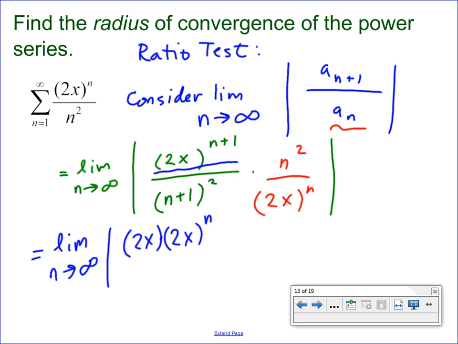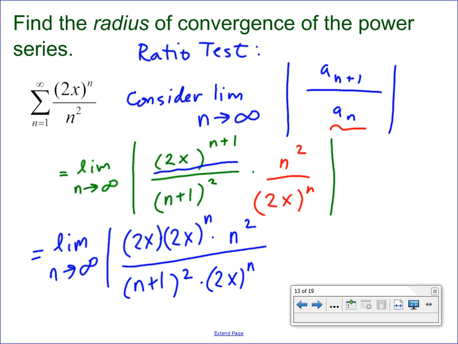So just like we did 5 times 5 to the n, it's 5 to the n plus 1. This is 2x times 2x to the n times n squared over n plus 1 squared times 2x to the n.